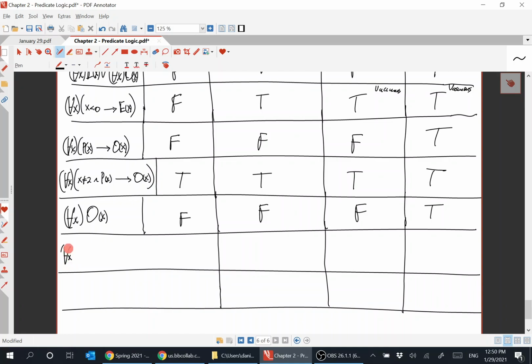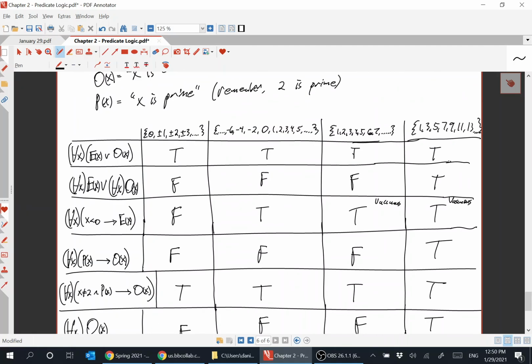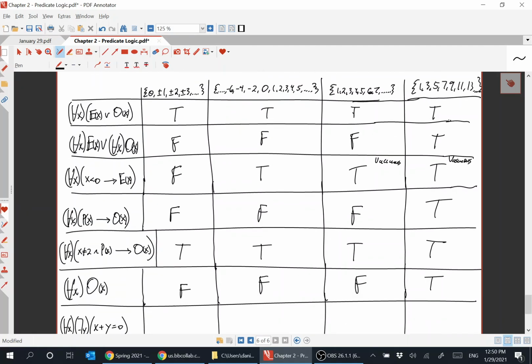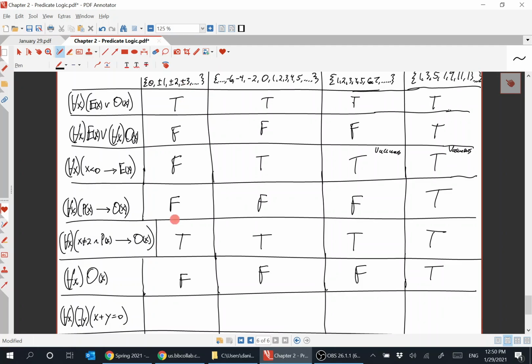For every x, there exists a y such that x plus y is equal to 0. We've looked at this one a few times. For every x, there exists a y such that x plus y is equal to 0. Well, that's true here. What about here?